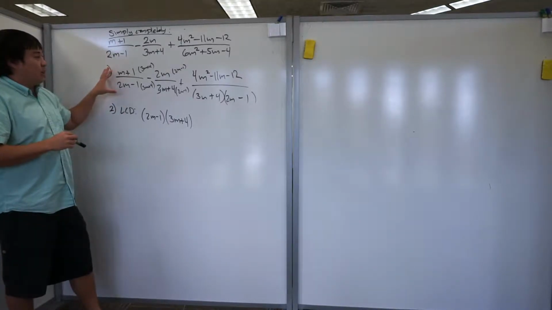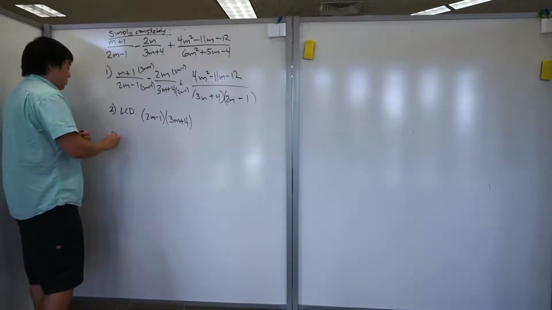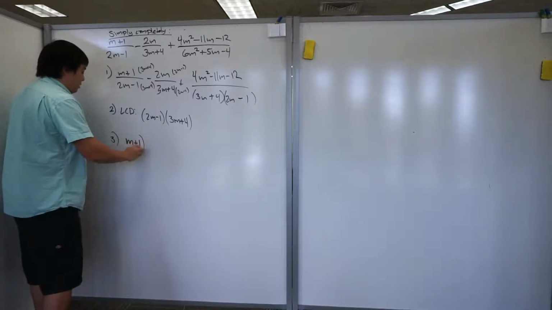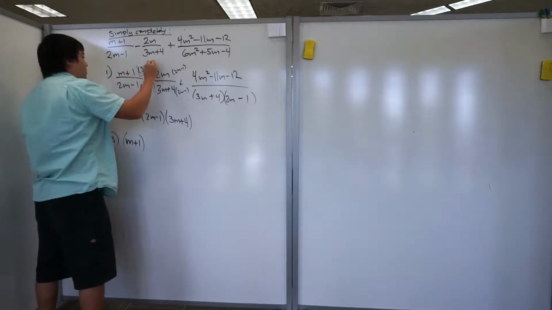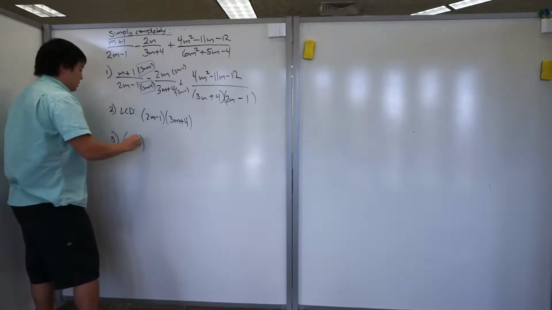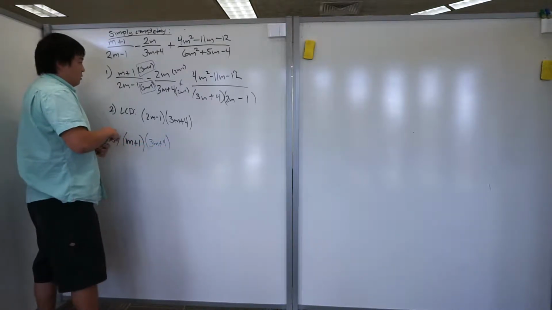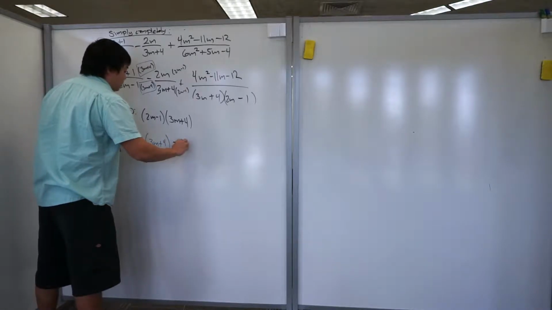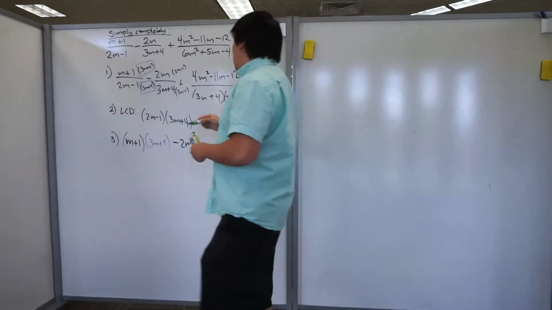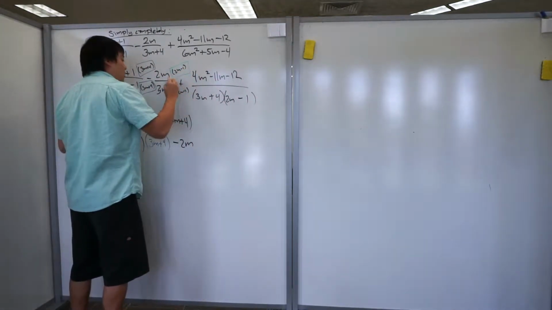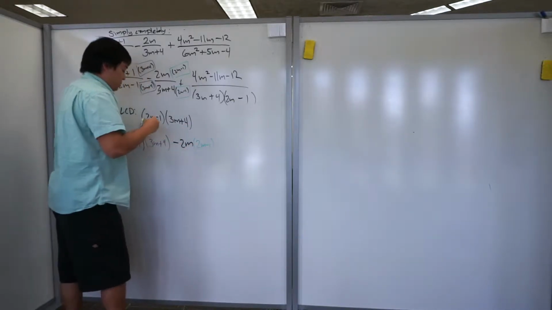So let's go ahead and write all of this out. So it's going to be m plus 1. And I'll write all the factors out. Times 3m plus 4. Then we're going to subtract out 2m. And then this one right here is going to be multiplied by 2m minus 1.